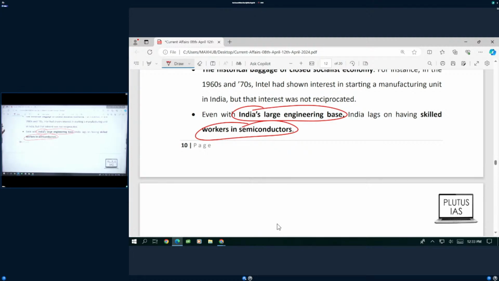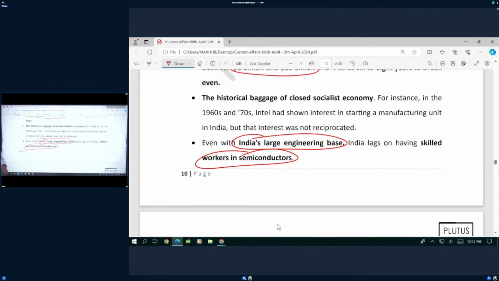क्लियर. Another problem, the baggage of socialist economy. ये भी एक बैगेज हमारा, because from 1950s first 5 year plan, largely you can say second 5 year plan, to 1991 when India liberalized its economy, India was a closed economy and we did not like foreign companies very much.